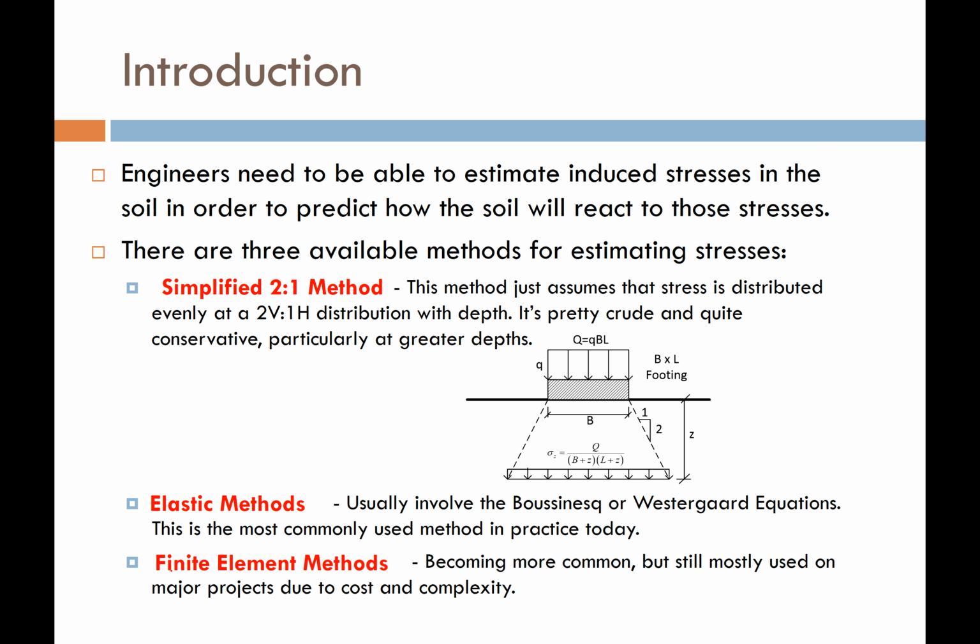In other words, if they run a finite element analysis, they're still going to check it against the elastic methods to make sure it gives them about the same answer anyway. So you're likely not to see this method except on the large projects or the costly projects, but I am going to predict that those methods are going to become more common in the future.